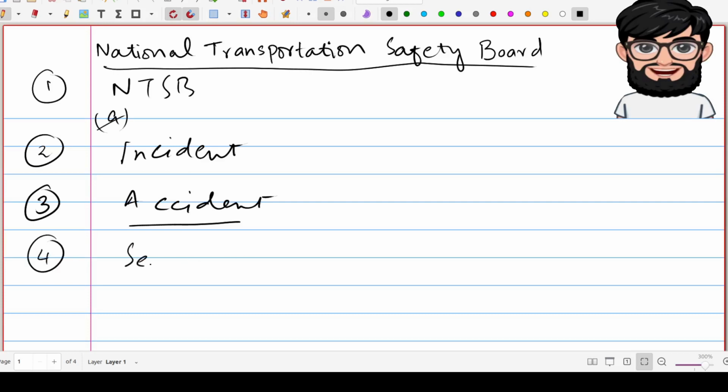And then what is a serious injury? A lot of it is self-explanatory, but they have defined everything. So basically, if something requires hospitalization for more than 48 hours, anything happened to you and you were in the hospital for more than 48 hours, within 7 days of that injury, while flying, that would be considered a serious injury.